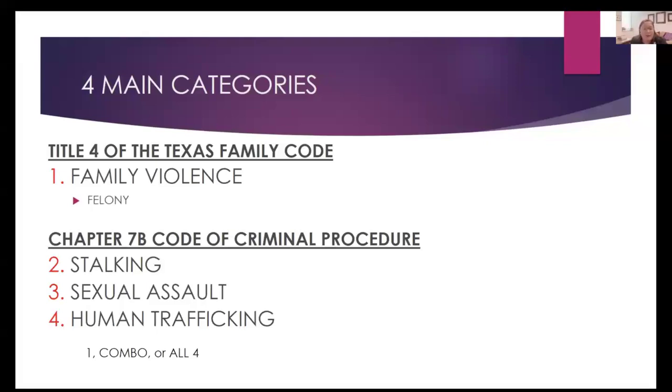When you are filing a protective order, you can plead 1, 2, 3, 4, a combo, or all, and so you need to make sure that when you're interviewing your client or your applicant, you see which bases you can file on, because it expands the length of the protective order, and it also prohibits some modification. I will talk about that here shortly.